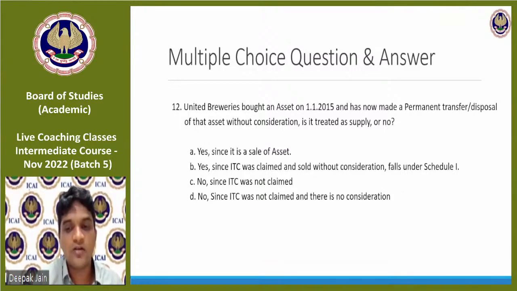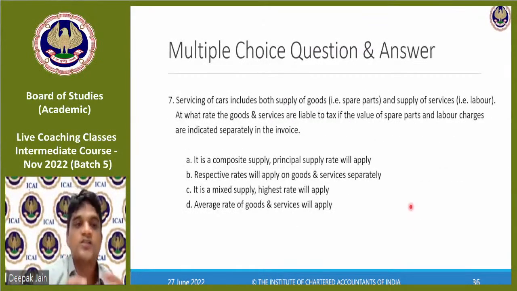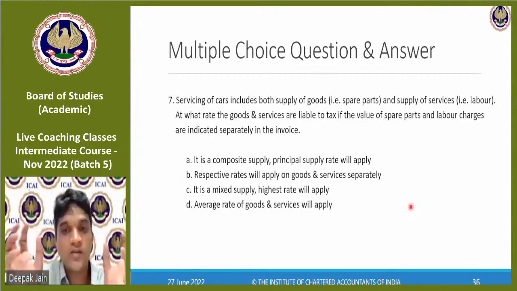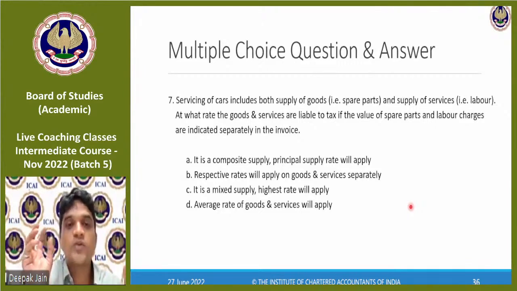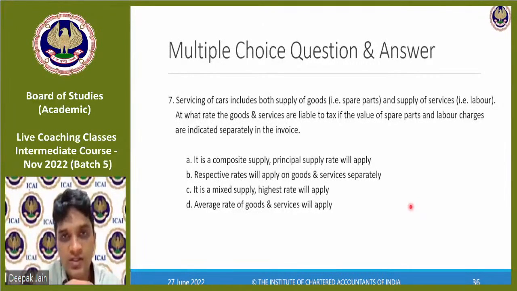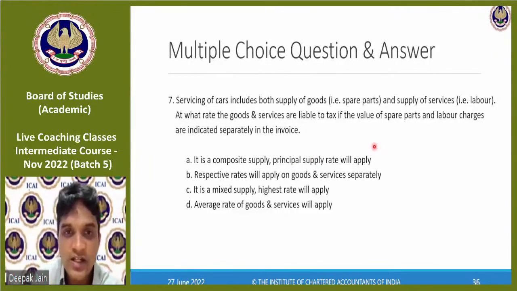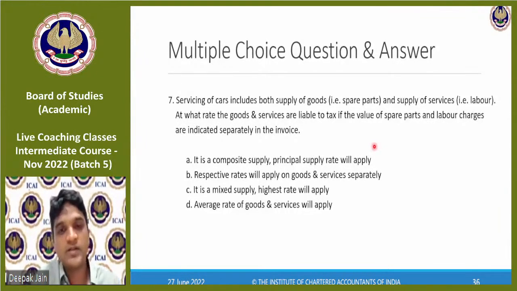Mr. Bharat, your question is on question number 7. Question number 7, servicing of cars. So servicing of cars and supply of services. So you provide goods also, you provide service also. So on what rate should it be applicable? The circular says that when they are mentioned separately in the invoice, what is the GST rate for spare parts? Say 5%, they will apply.